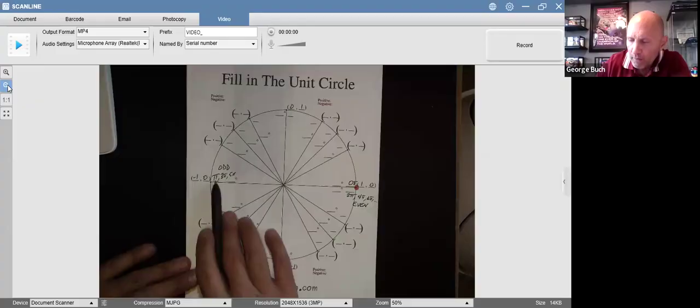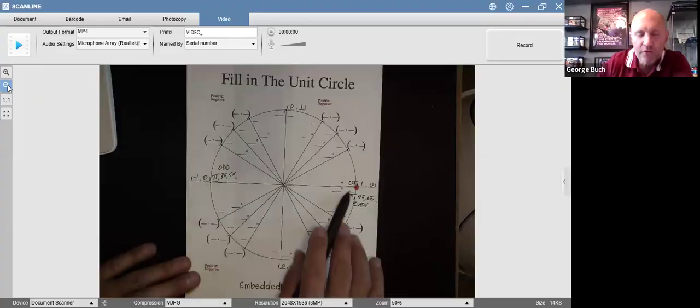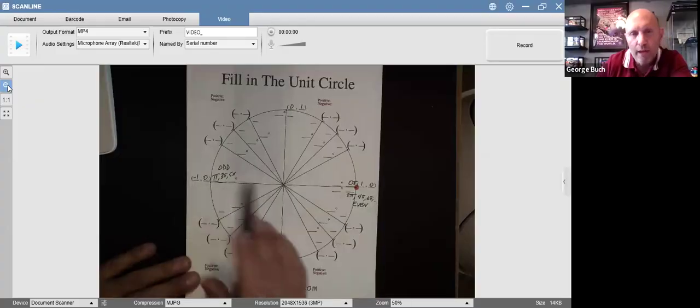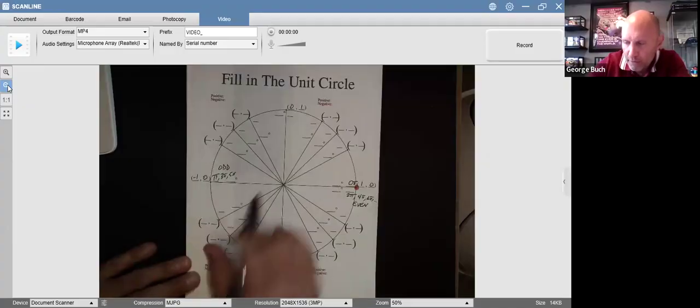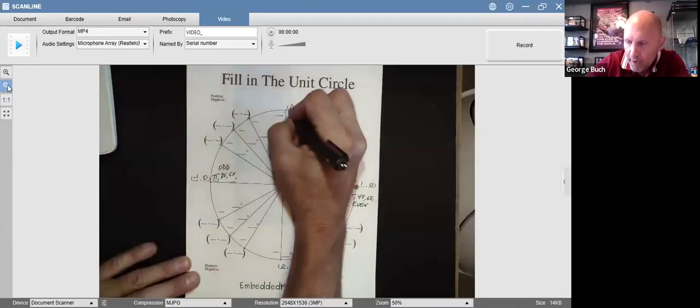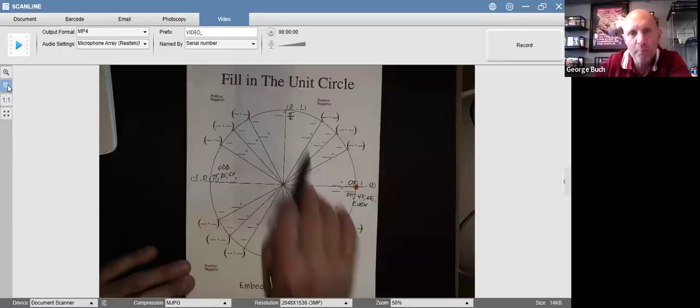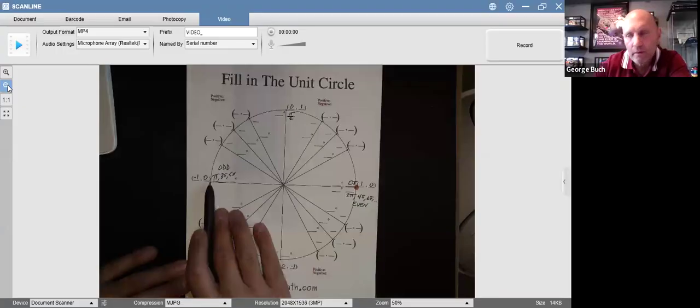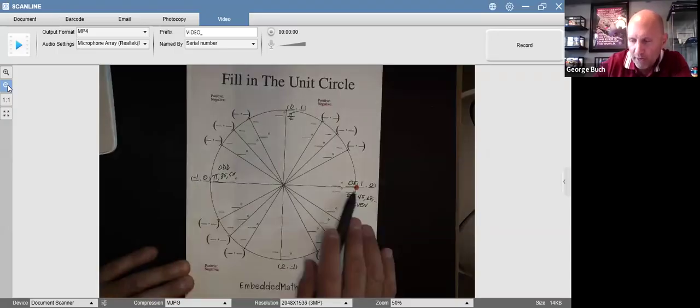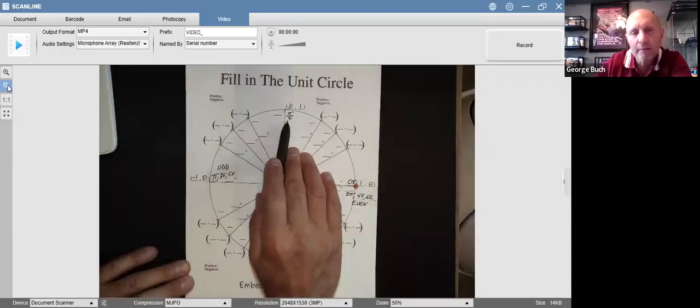Now, what's halfway between 0 and 1? Well, half. So that means up here is pi over 2. It's halfway to pi. So my basic values on the axis are 0, pi over 2, pi.